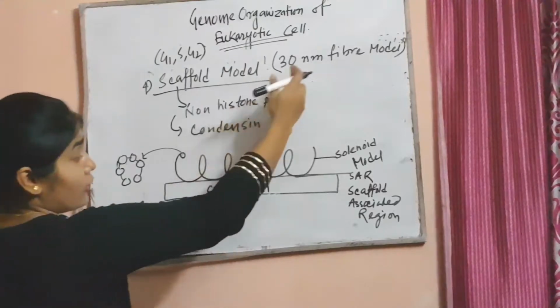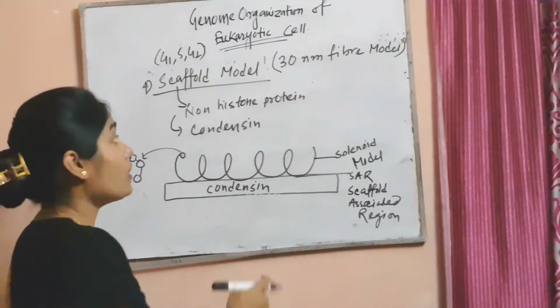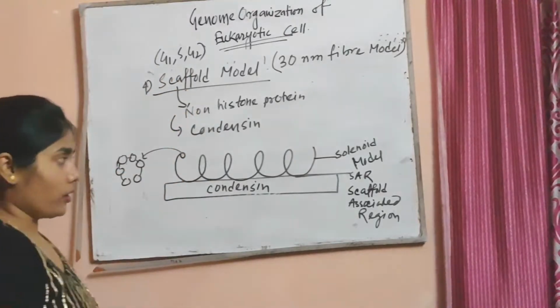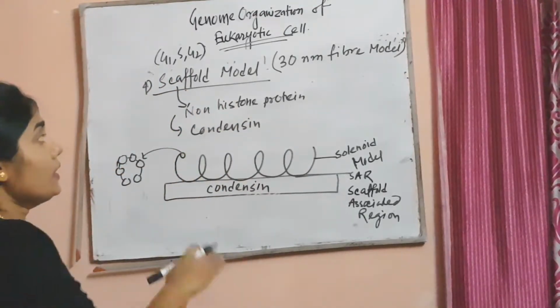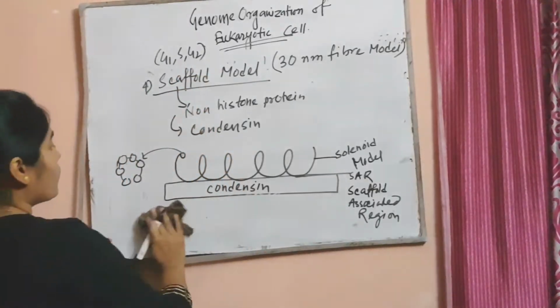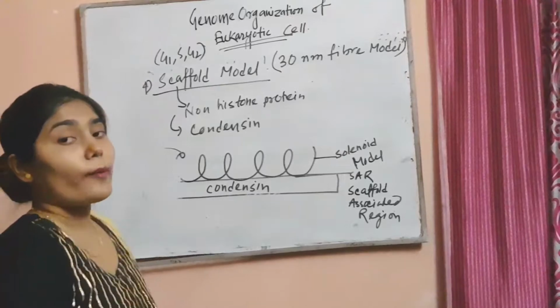This is also the 30 nanometer fiber model, and it is also seen in the G1, S and G2 phase. Then the next level of physical organization of the genome is known as the chromatid model.